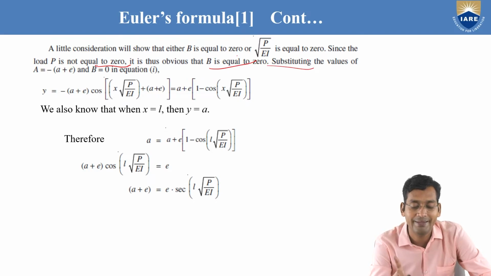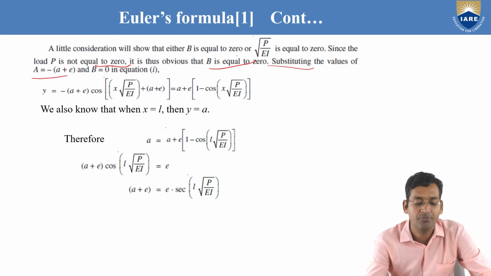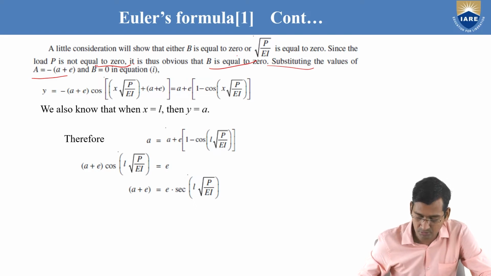Substituting the values of A and B. So A equals minus A plus E, and B is 0, so the B term will be totally 0.